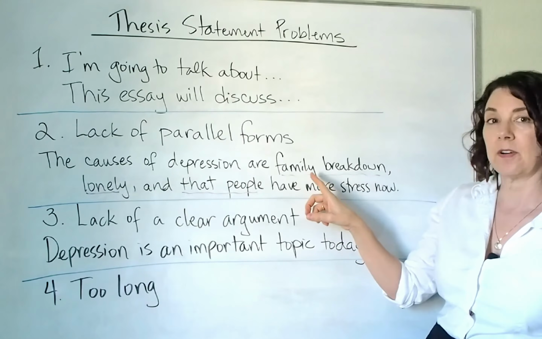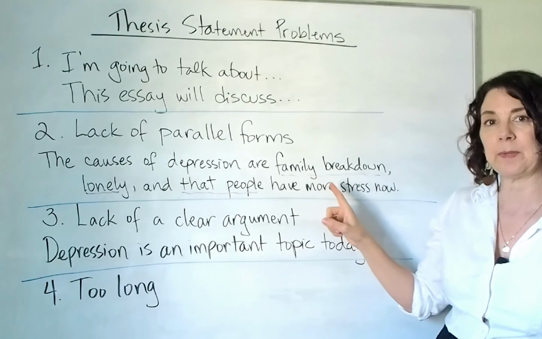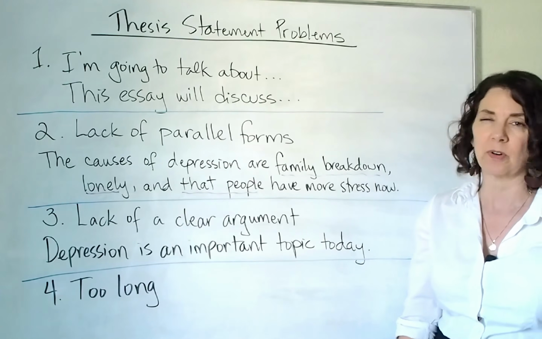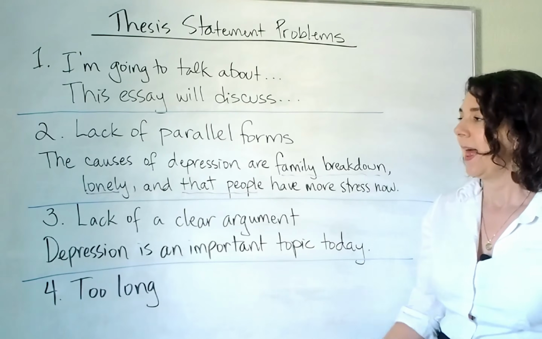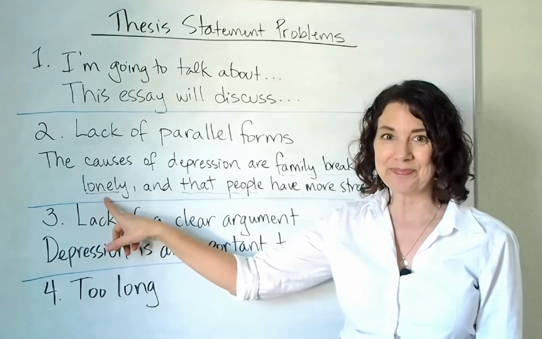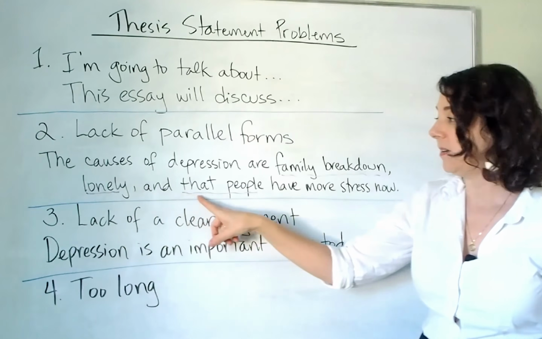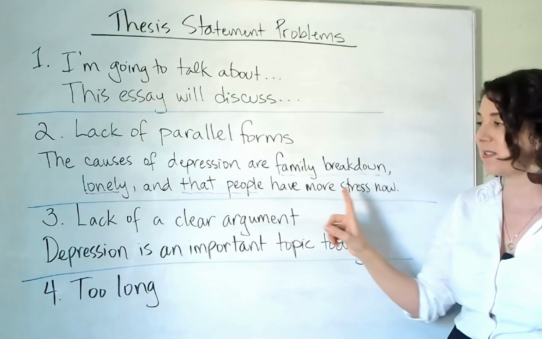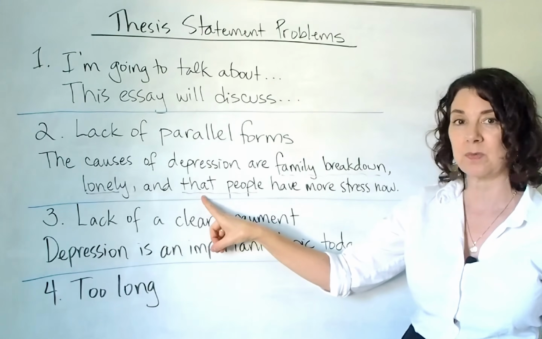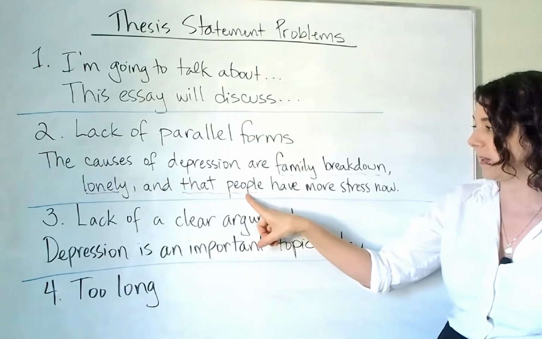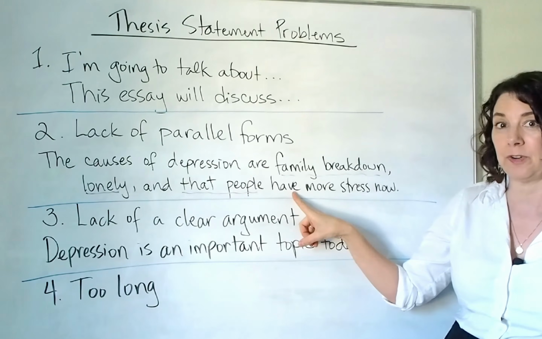So you can see that there are 3 causes. The first one is family breakdown, and that's a noun or a noun phrase. Then we have lonely. Lonely is an adjective. And finally, we have this noun clause. We know it's a clause because it starts with the word that. We have a subject, and then we have the main verb.